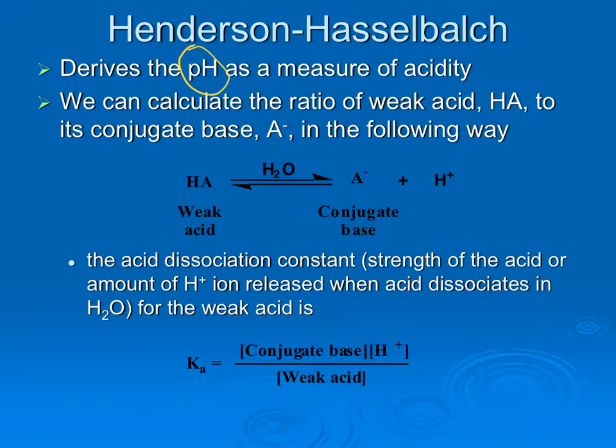Notice the water, a lot of times in biochemistry we don't even include it because it doesn't change, but this is the weak acid with its conjugate base. The Ka, once again, is the conjugate base, which is A minus, times H plus, divided by HA. It's the same. Nothing has changed there. That's nothing new.